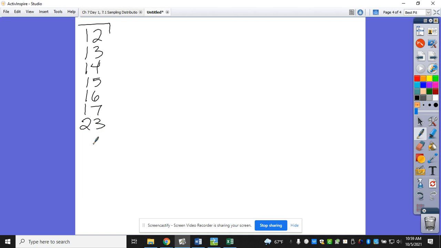All the way down to, what's the highest one I can get to? And then I go to what? And keep going. I don't care if you're talking with people while you're doing this, write those down. And finish it out. So this is your first column, the one that says values not included. This is me writing down every single possible combination of two numbers, 1 to 7, without repeating.